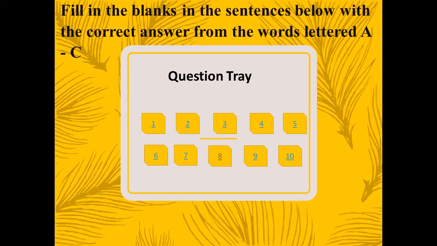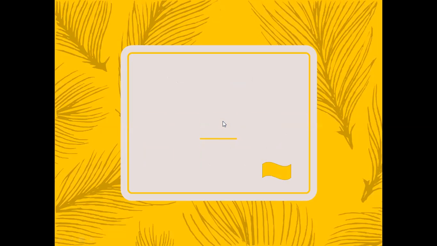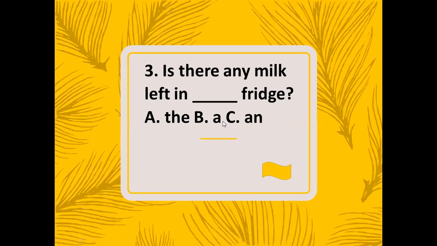Representative from boys' school, pick a number, please. Number 3. Is there any milk left in the fridge?